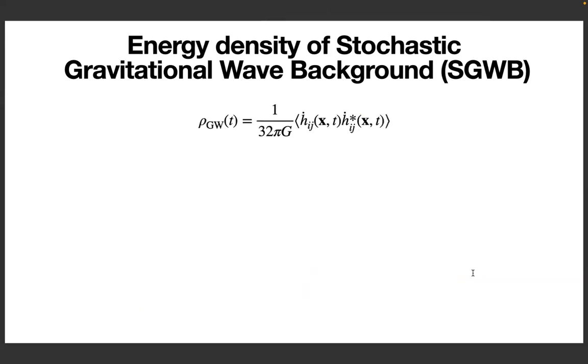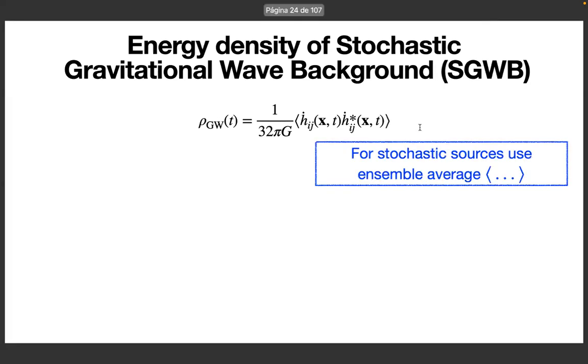But also, we know that in the early universe, the sources of gravitational waves have a certain stochastic nature. So they are produced everywhere, and what we measure are different realizations of this background. So instead of computing an average over a volume, we can consider an ensemble average over different realizations of the stochastic background. And this is what I do here.